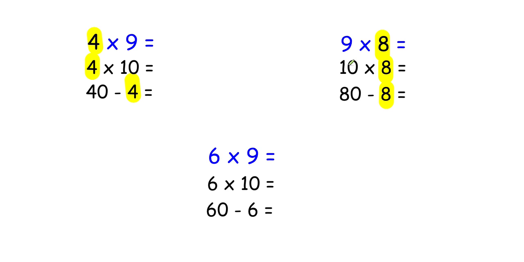I'm changing the 9 into a 10, but I'm going to use 8 the entire time. For this one, I'm changing the 9 into a 10, but I'm keeping the 6 all the way through. So that's the pattern that I wanted you to see: change the 9 into a 10, but keep the 4 the same. Change the 9 into a 10, keep the 8 the same. Change the 9 into a 10, but keep the 6.